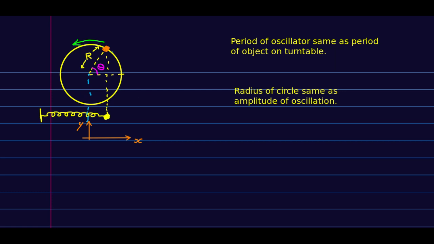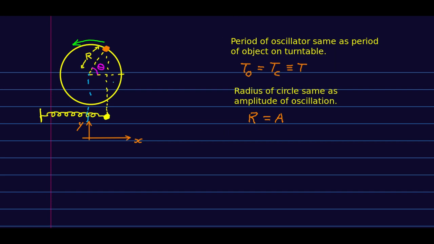And let's say we've arranged for the amplitude of this to be the same as this radius, and for the periods to be synchronized. So let's just note that down. The period of the oscillator is the same as the period of the thing going in the circle, and we'll just call those both capital T. And the radius of the circle is the same as the amplitude of the oscillation.